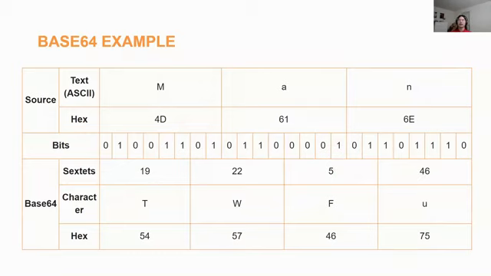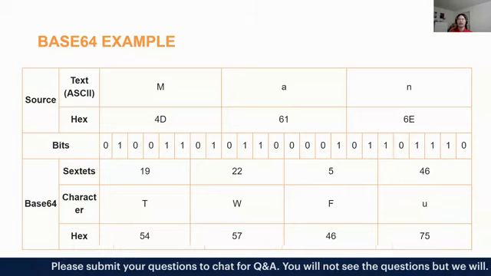So now you will have 4 base64 symbols, and you translate those into characters. So now you have man, M-A-N, man in capital M, now into TWF with a lowercase u. So you see there's a little bit of overhead when you encode, and definitely you don't want to do this with text, but it works well for other kinds of formats.